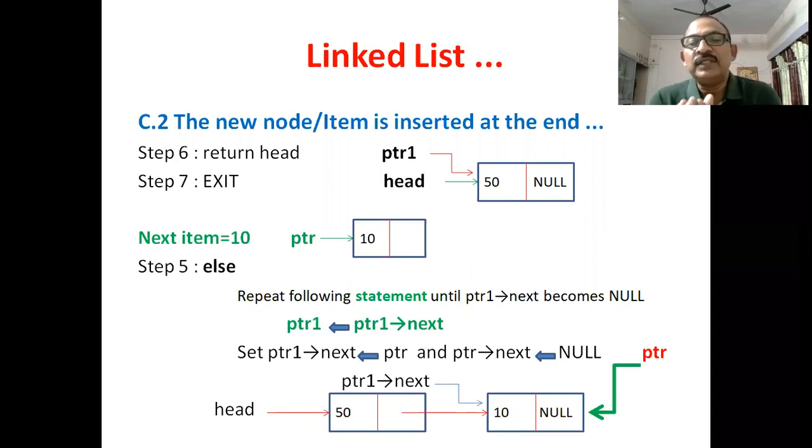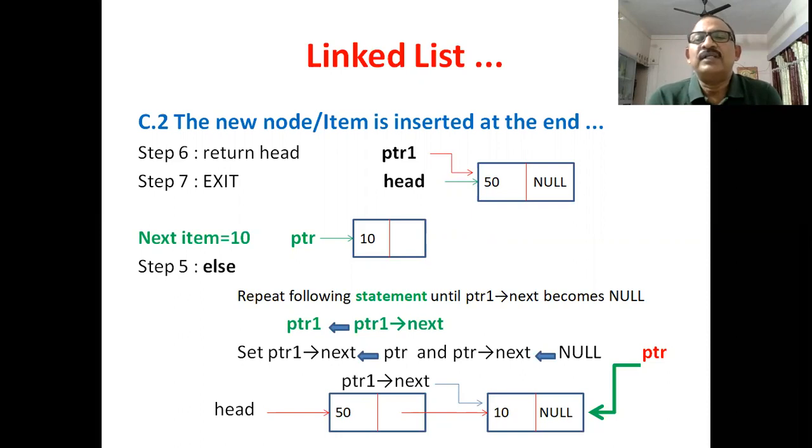Repeat the following statement until PTR1 next becomes null. Here we want to insert the new node at the end of our linked list. So we repeat the following statement, the green statement, until PTR1 next becomes null. Suppose the linked list contains only a single node, and that single node contains the value 50.